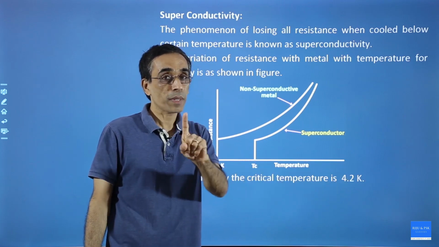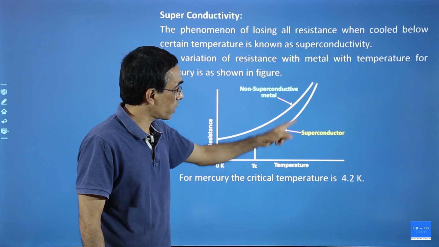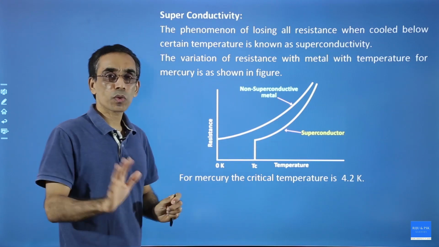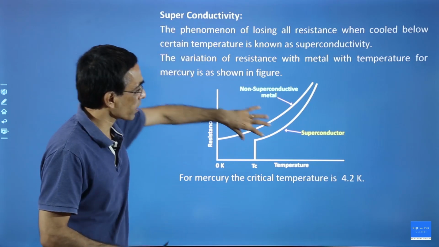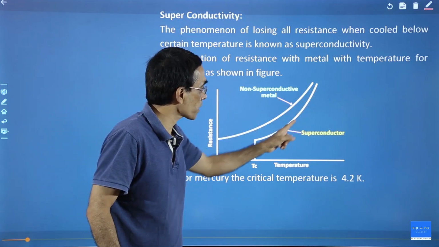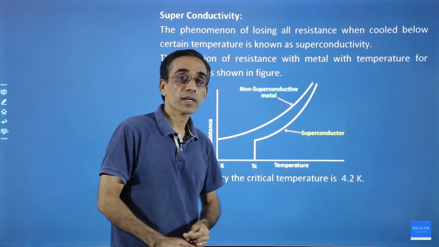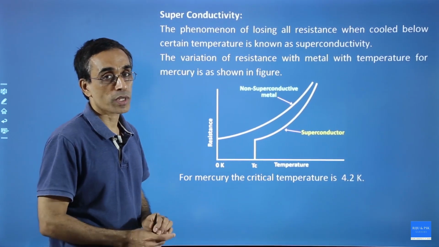In one CBSE paper, they gave a question about this graph. Nothing more to study about this one: the definition and the graph. This is the graph of a superconductor. And just memorize, mercury behaves like a superconductor at a very low temperature of 4.2 Kelvin.